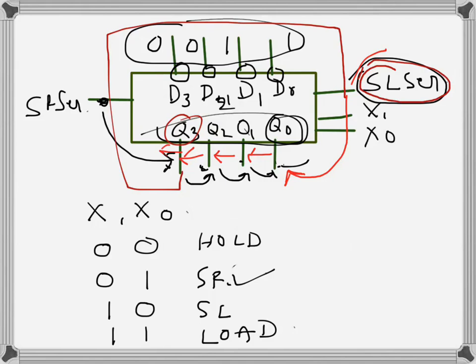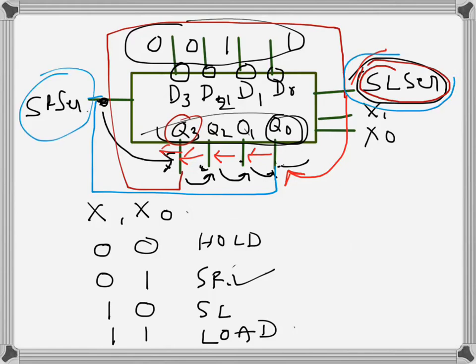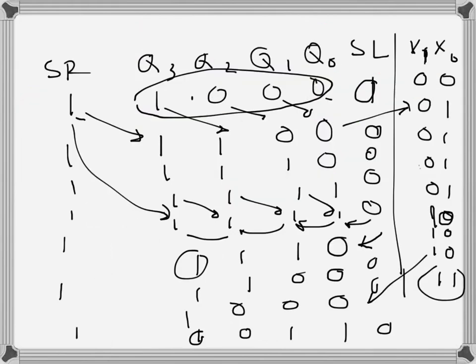Similarly for the shift right, maybe this one can be connected back here. So these are just to make a loop operation so that the last bit is not getting lost, it's coming back, and of course that way this one and this one will keep changing, it's not the fixed one. So yeah, that's a possibility.